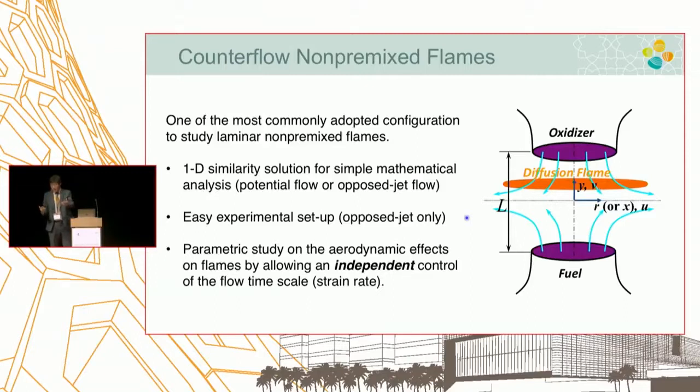You can adjust that without affecting hydrodynamics. I can fix the chemistry and change the denominator of hydrodynamics by changing the velocity. So if you think about this, it is a one-of-a-kind, really clever device that allows us to explore the whole map of this Damkohler number space.